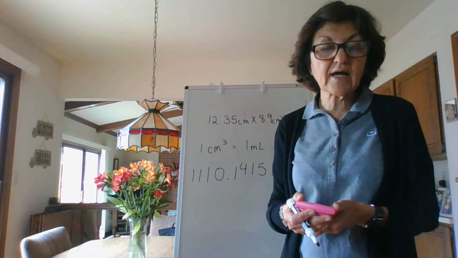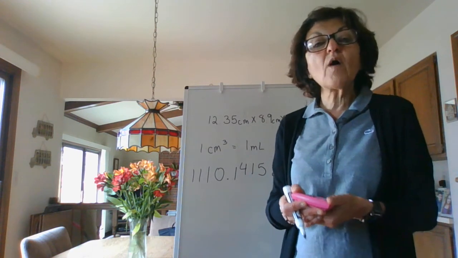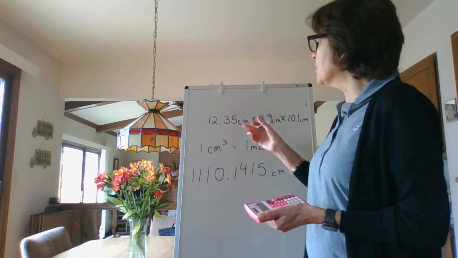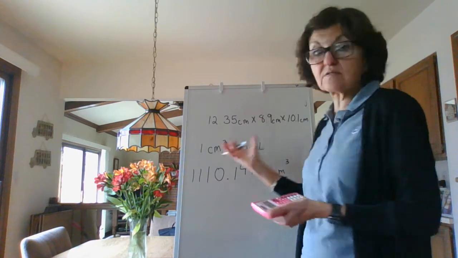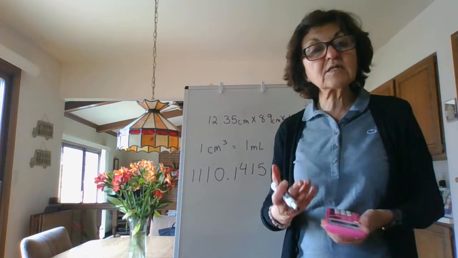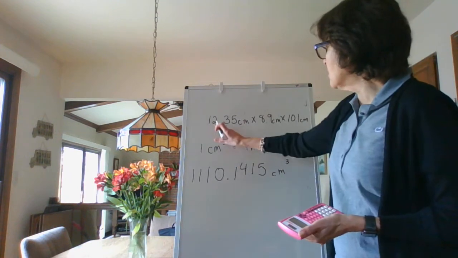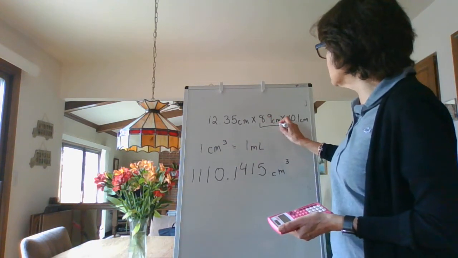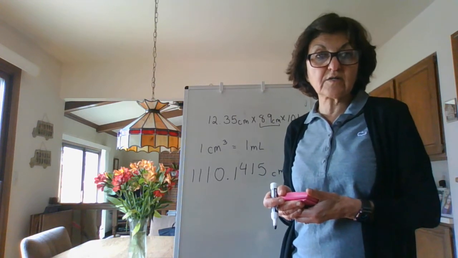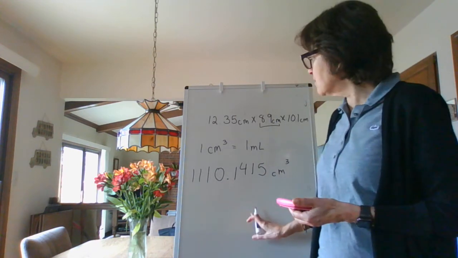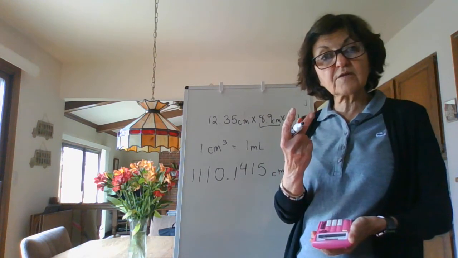In a chemistry class, you have to pay attention to sig figs, okay? Why do we have to pay attention to sig figs? Because we used a tool, a ruler, to measure this. And we are limited by the limits of that ruler. And the least number of sig figs it gave us was that 8.9, that 2 sig figs. So our final answer, according to the rules of multiplication and division, has to be 2 sig figs.